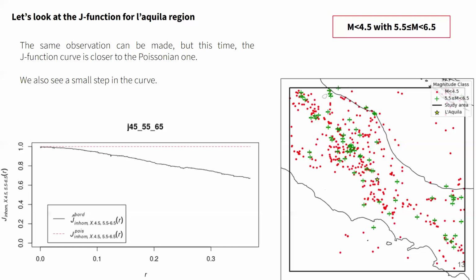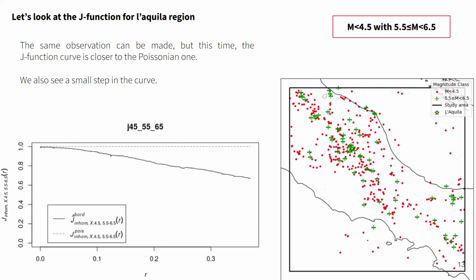If I do exactly the same for another magnitude range, so I increase by 1 the magnitude, you see that the slopes are way different in that case. So it means that if the slope is different, when we want to model the new distribution of points, we can base our simulation on the slope of the J function.